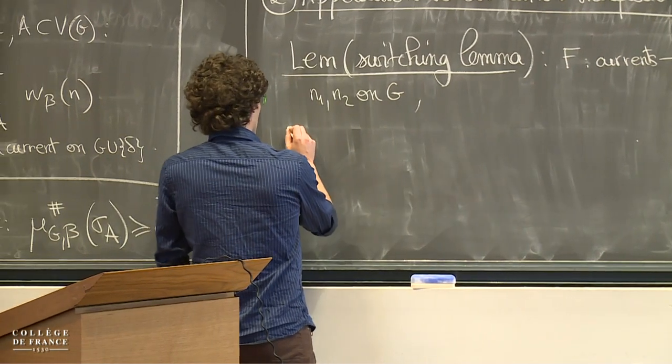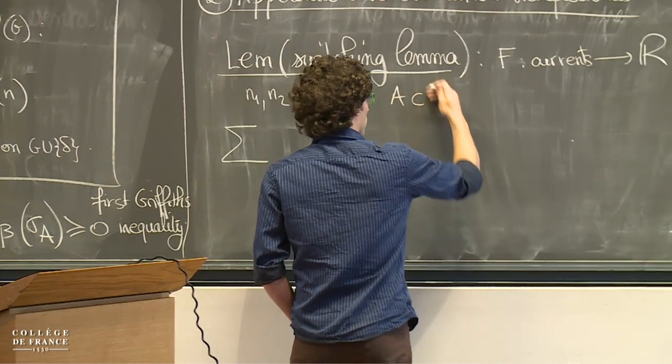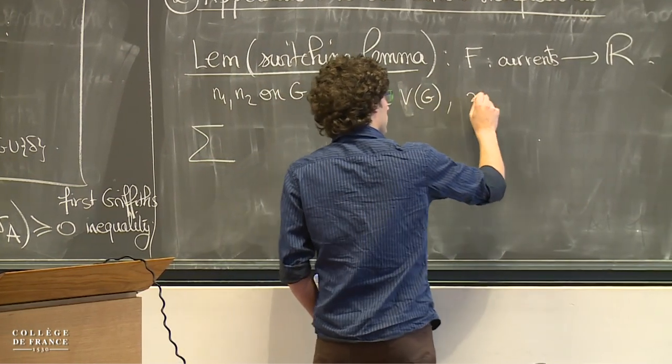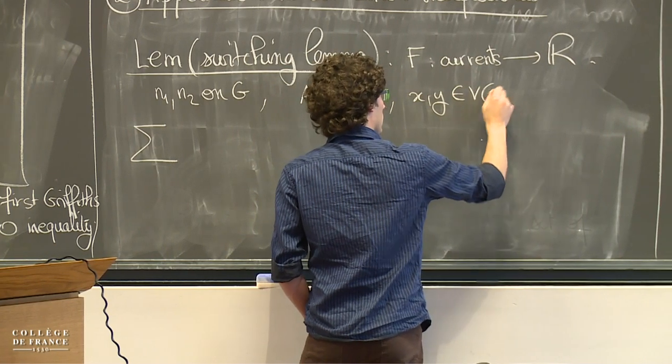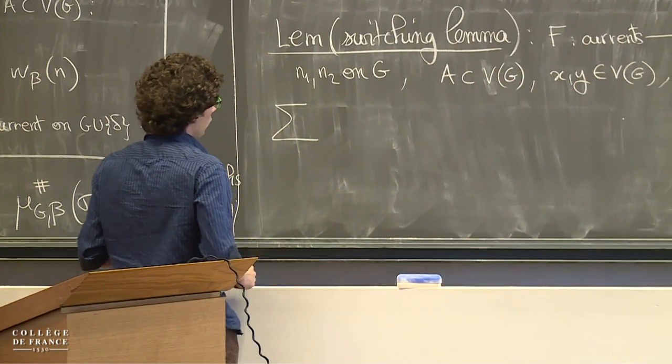Then we have the following. Let's take A, a subset of V of G, and X and Y, two elements of V of G. So what is the switching lemma?